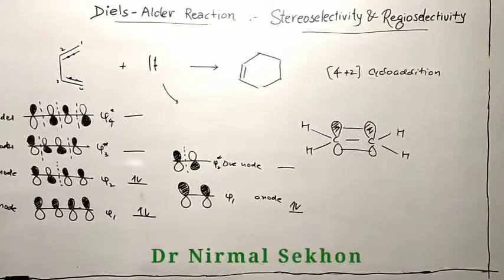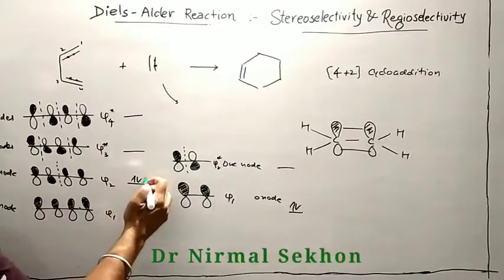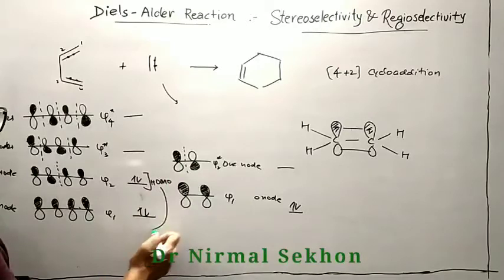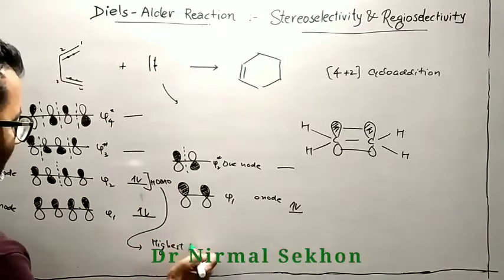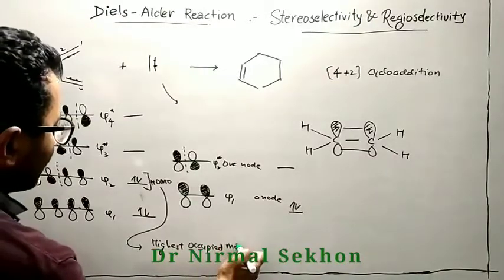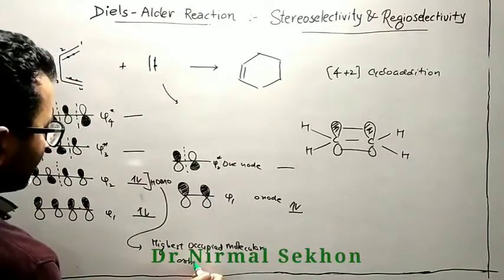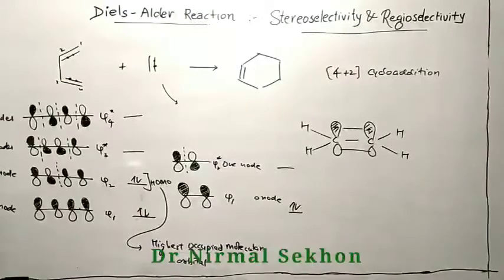Now this is the highest occupied molecular orbital. This orbital is known as HOMO, highest occupied molecular orbital.